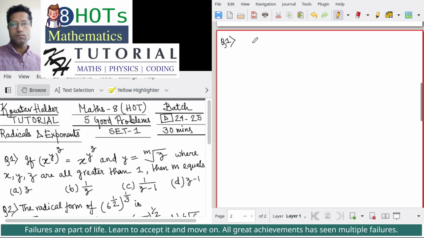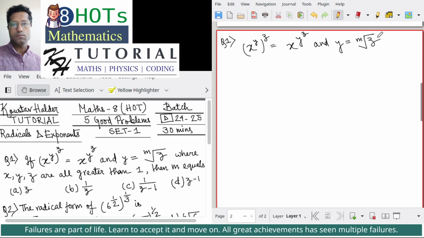Okay, so it is given that x to the power y, this whole raised to the power z, is equal to x to the power y to the power z, and it is given that y is equal to the mth root of z, where x, y, z are all greater than 1.